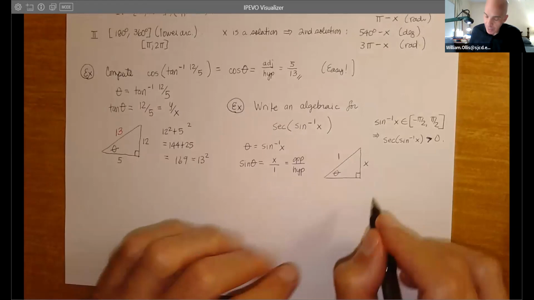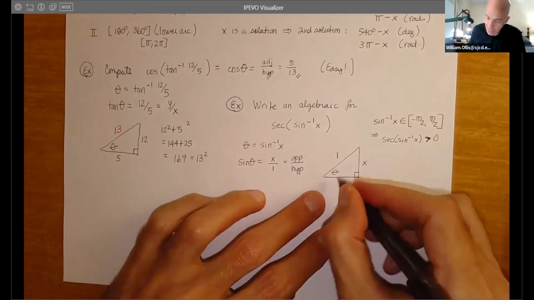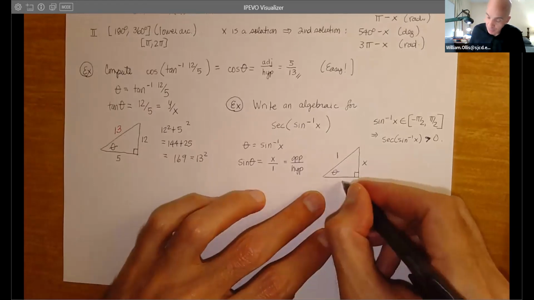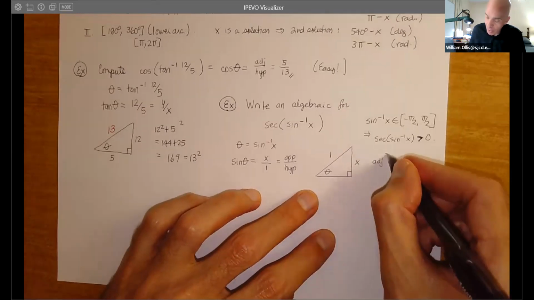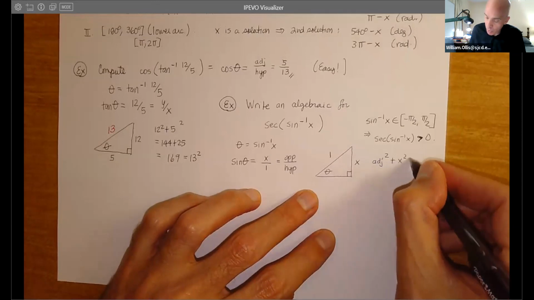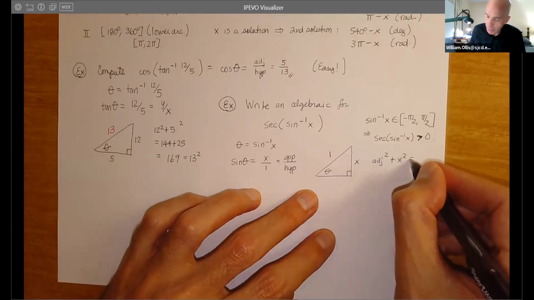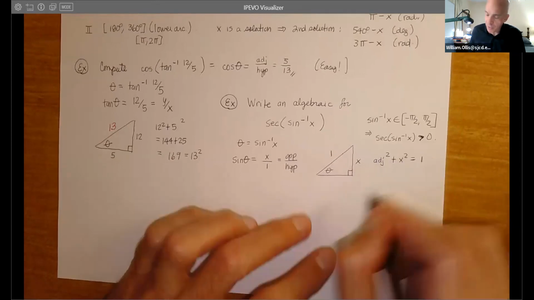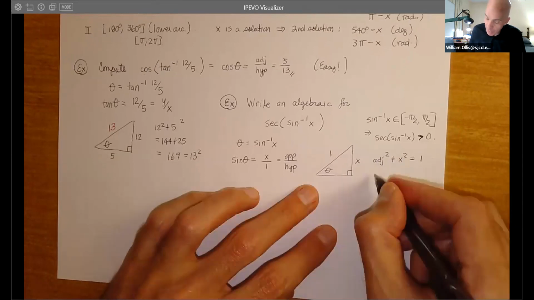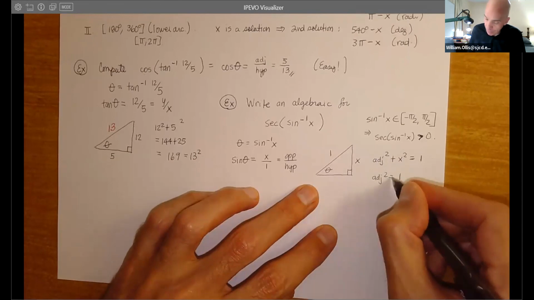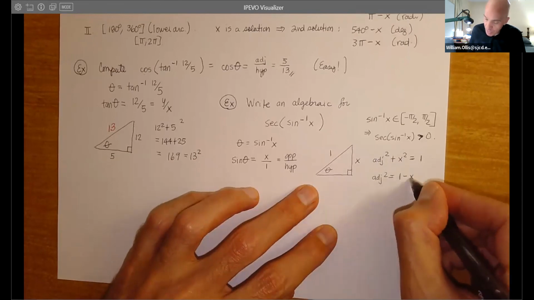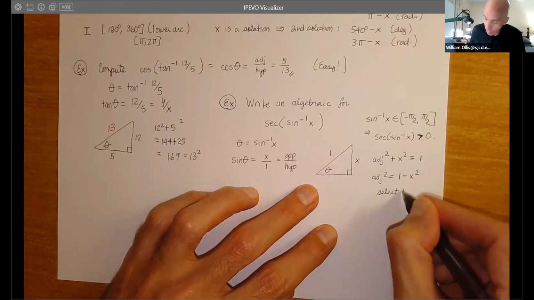And then now we're thinking, okay, well, this is the what? This is the adjacent side. So we say adjacent side squared plus x squared equals 1. You can probably do this in your head, but it's still the Pythagorean theorem. So now we have adjacent squared is 1 minus x squared. And so we select the positive radical.